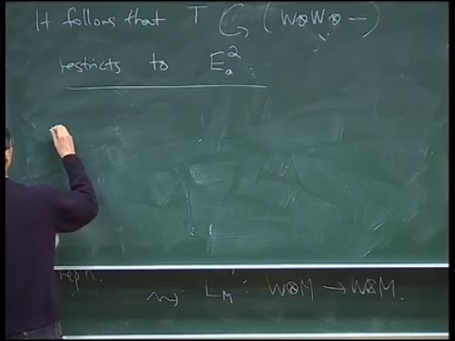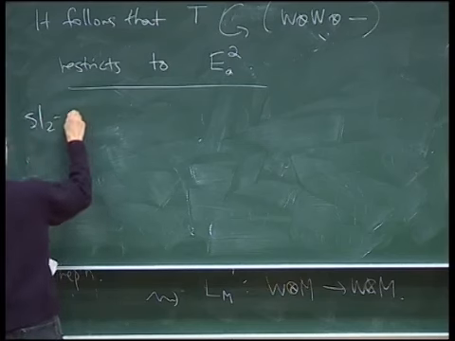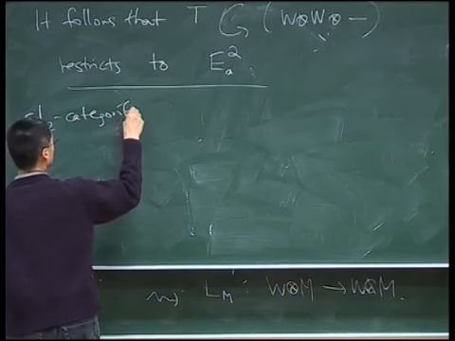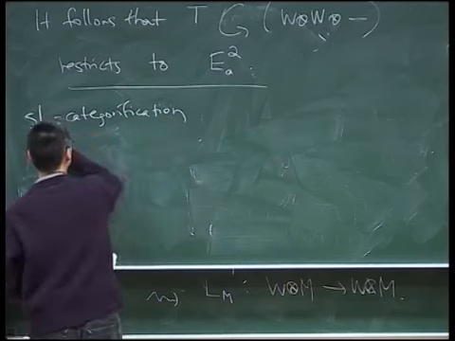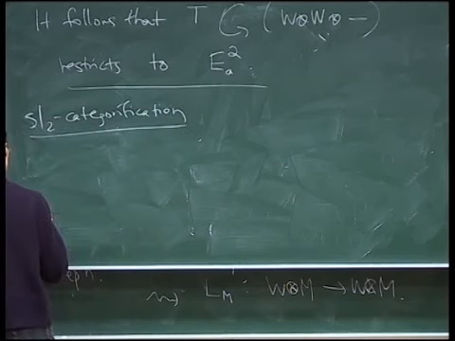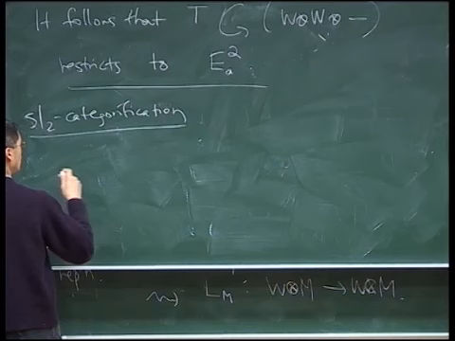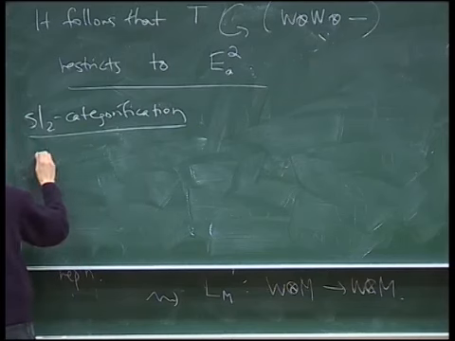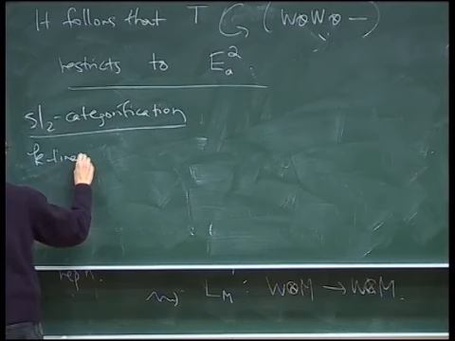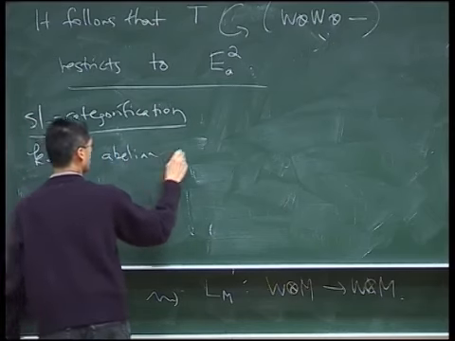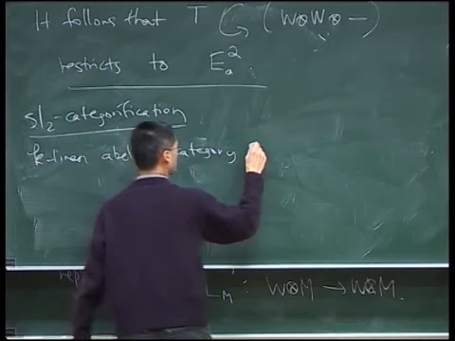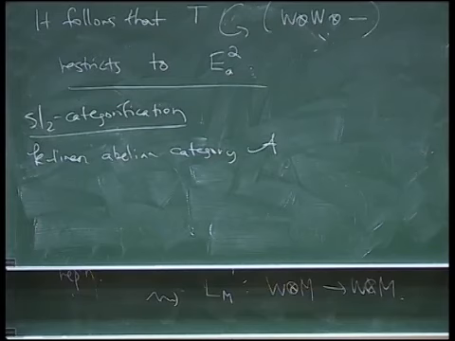So now let me say what SL2 categorification is. The ingredients are a K-linear abelian category. Let's assume that it satisfies an ascending and descending chain condition, so it has composition series.